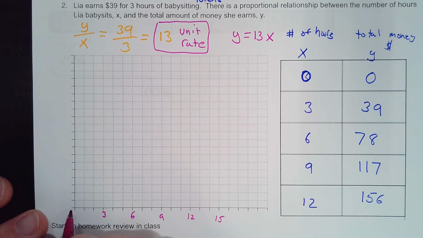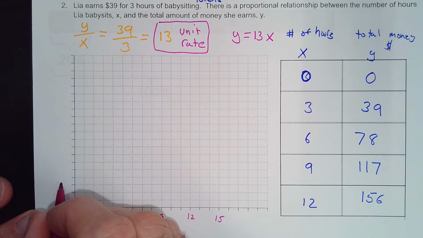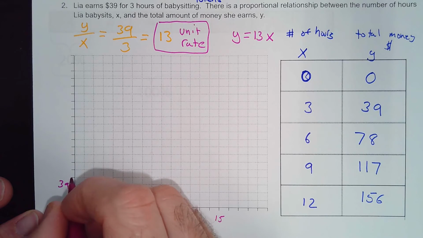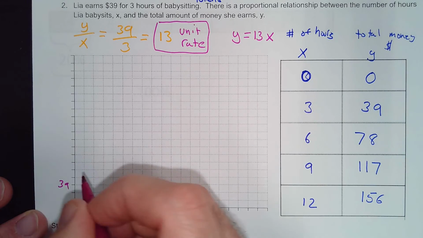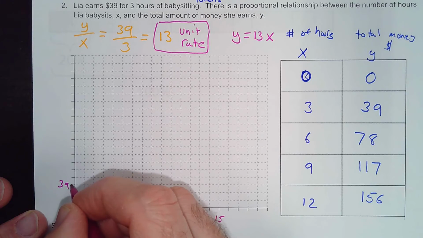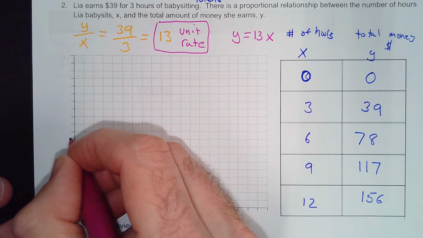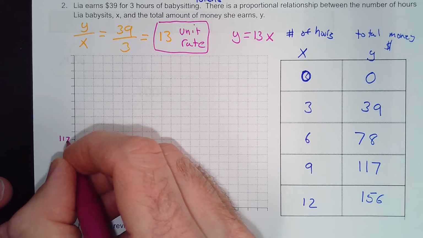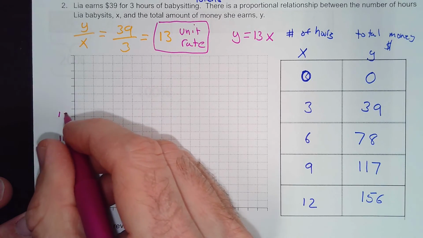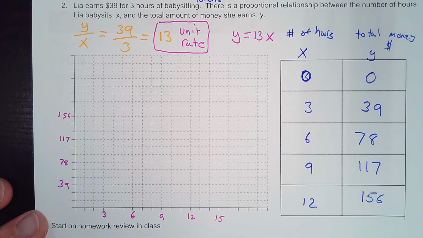And then here, let's have our increments go up by 39, 78, 117, and 156, since every 3 hours is $39, or every 1 hour is $13, our unit rate.